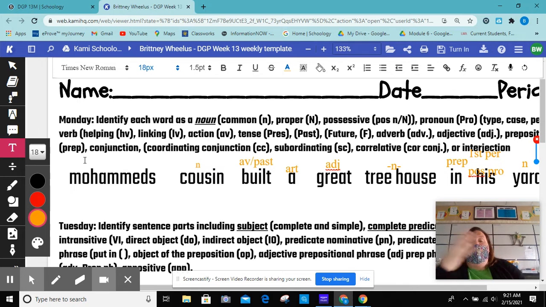A person's cousin. It is a proper noun, but it's showing ownership. Okay? A proper noun that shows ownership is called what? Possessive noun.